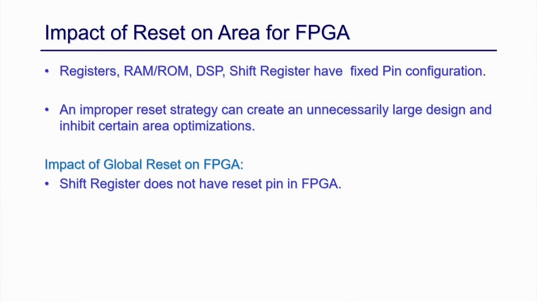Now, I am going to talk about several strategies specifically for FPGA targets. Okay. So, this is the impact of reset on area for FPGA. As you know, an FPGA has a very fixed kind of structure, right. It has a set of CLBs. A CLB is nothing but a configurable logic block, which consists of LUTs, where you can map any kind of combinational circuit into those lookup table based logic units.